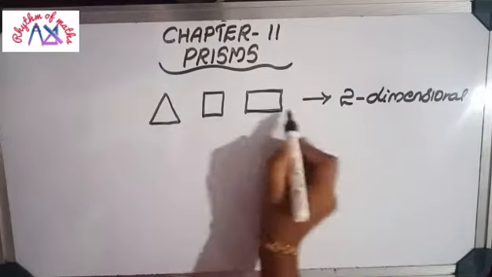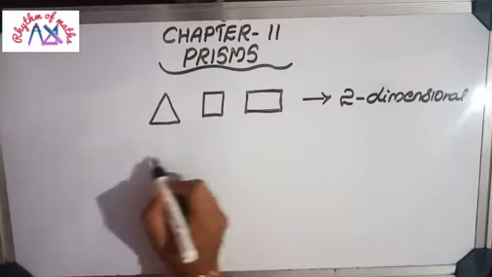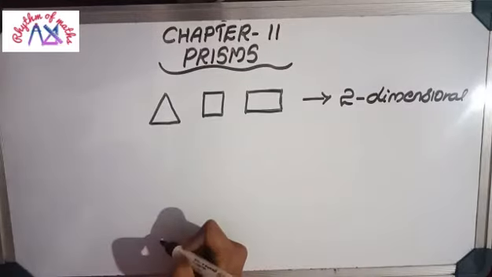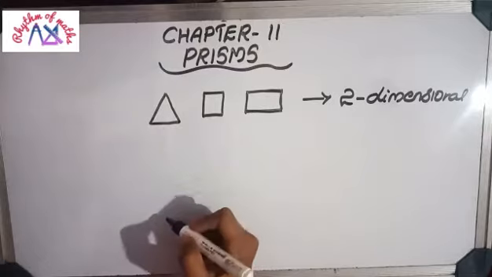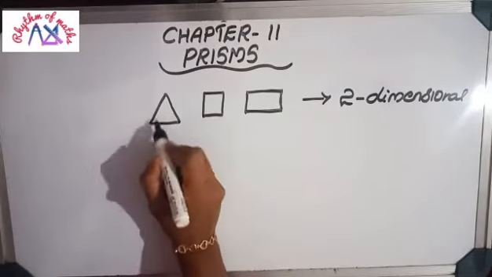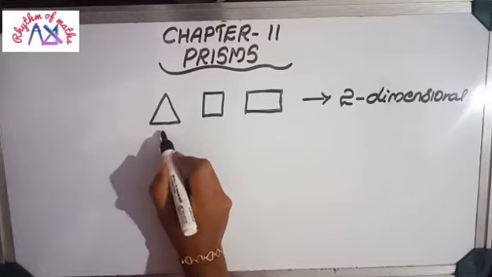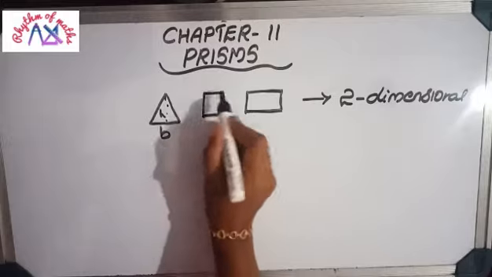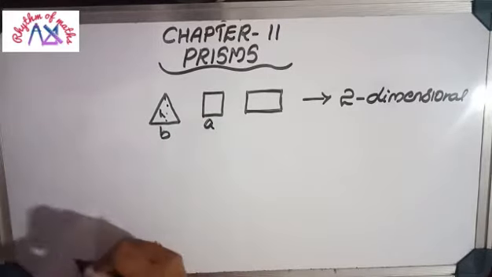Because these shapes we can represent on a board or paper, isn't it? We can draw them on paper or on a board, and all these shapes have measurements. If it is a triangle, base will be there, then height. For a square, side is there, all four sides are equal.